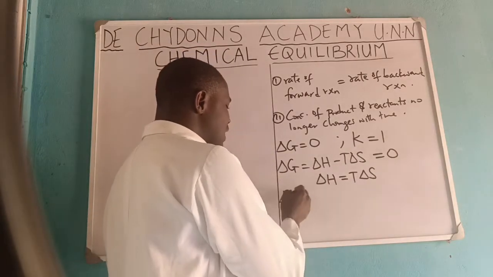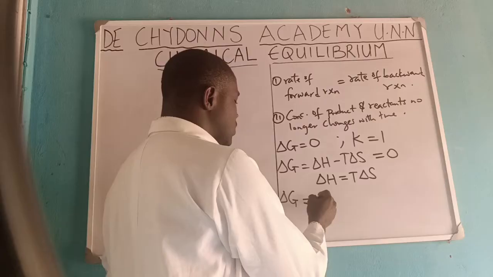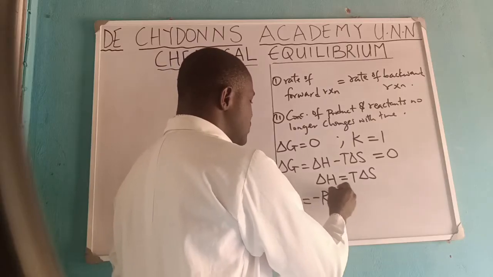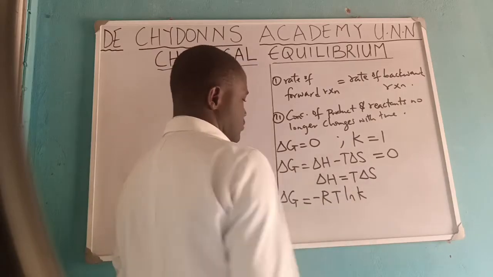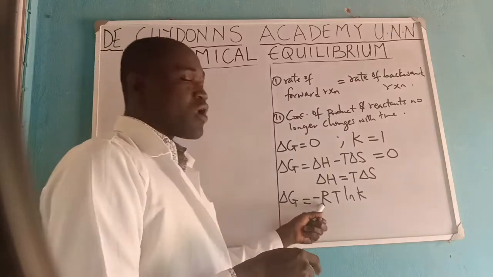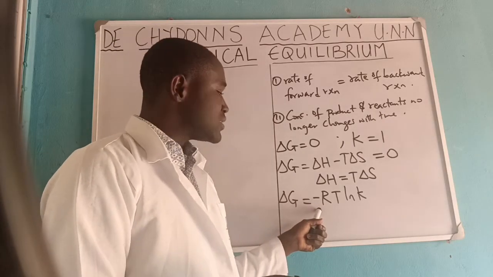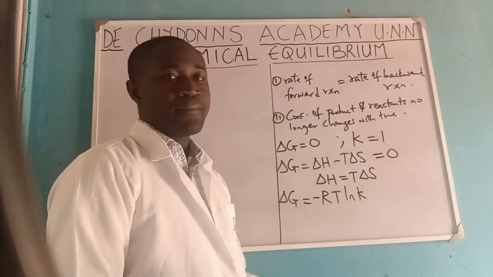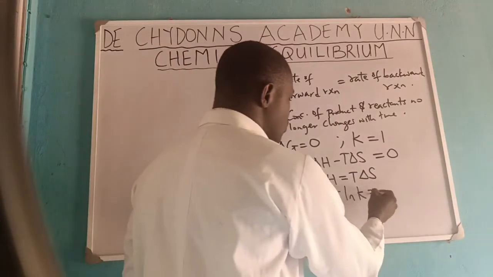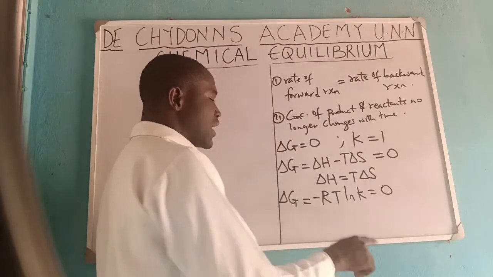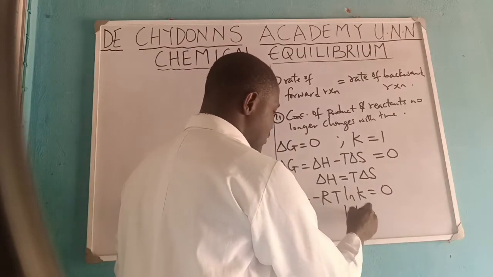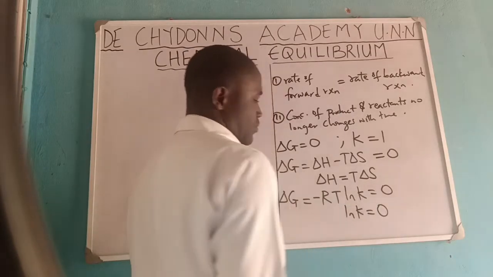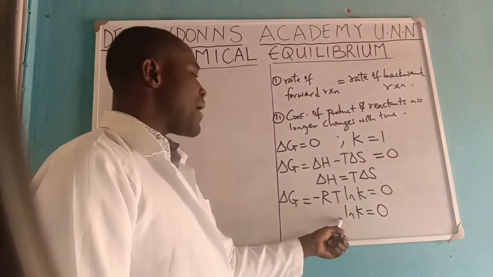Now, how did we come about K being equal to 1? We also noted that this free energy is equal to negative RT ln K, where R is the universal gas constant, T is the temperature, and ln K. And so when this is equal to 0, we could say that ln K is equal to 0. And what do we mean by ln K?